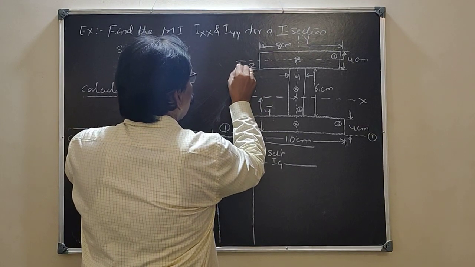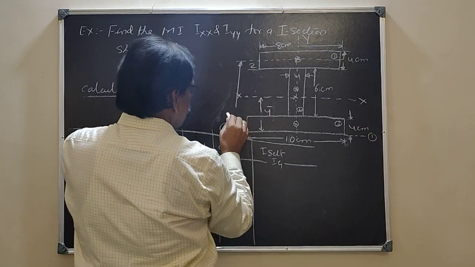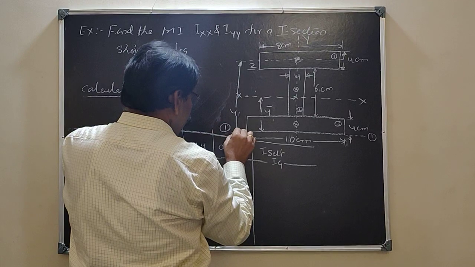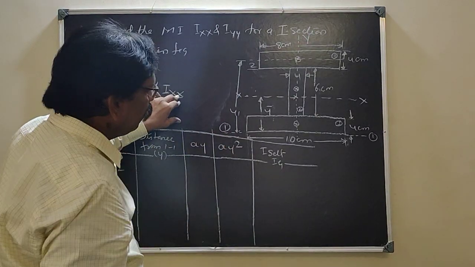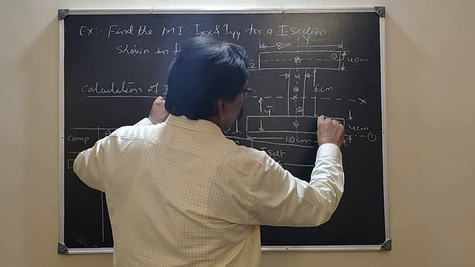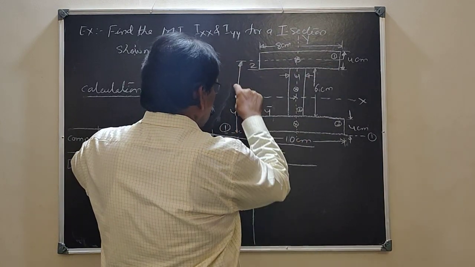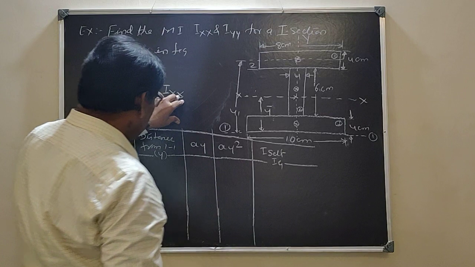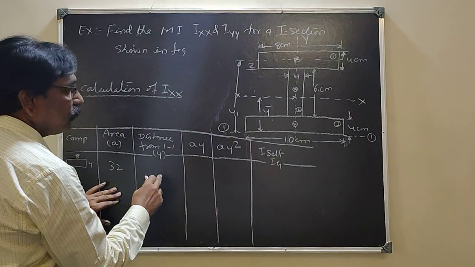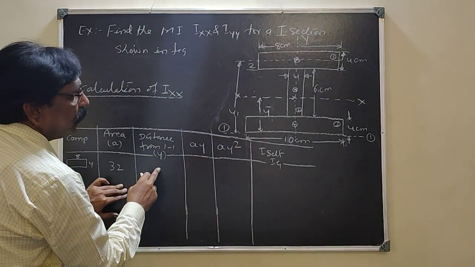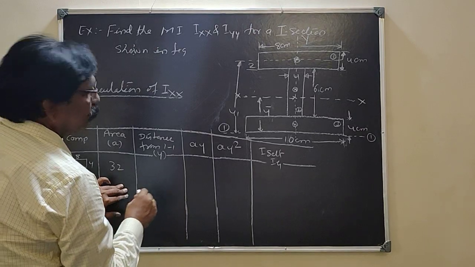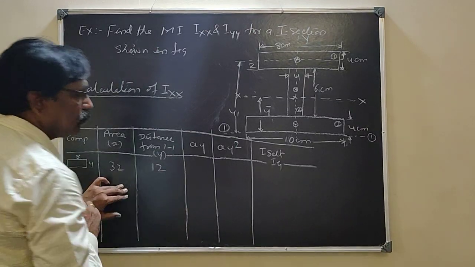Now from here to here, this is the distance y1 from the reference axis. That will be equal to 4 centimeter plus 6 centimeter plus 2 centimeter. That will be the total distance y1, so the first unit y1, in general y, is equal to 12 centimeter.